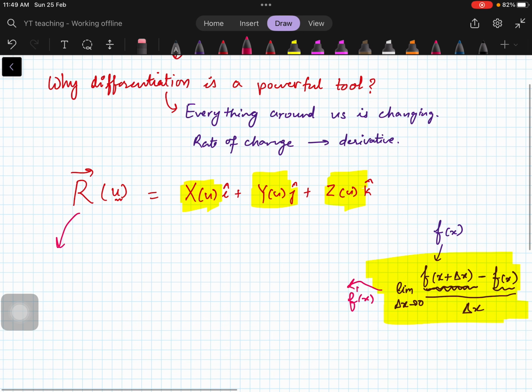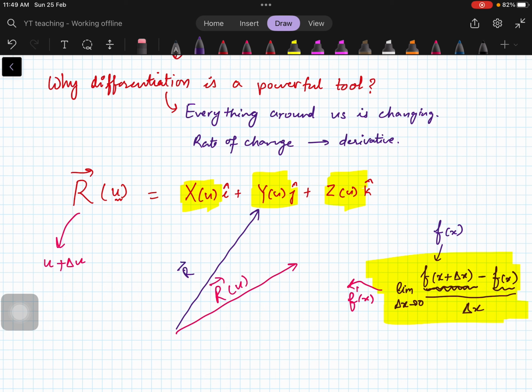So here also you have a vector r which is dependent on u. Suppose this is my r(u) vector. What I will do, I'll increase my parameter u to u plus del u. Suppose this is my r(u plus del u), right?